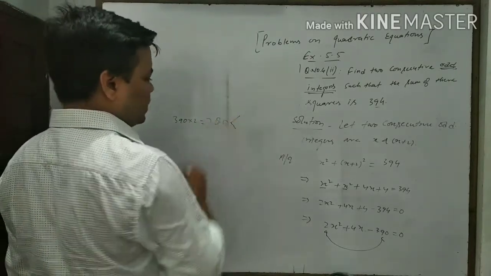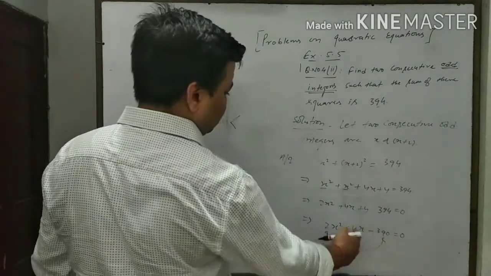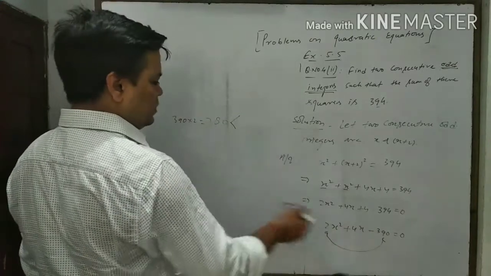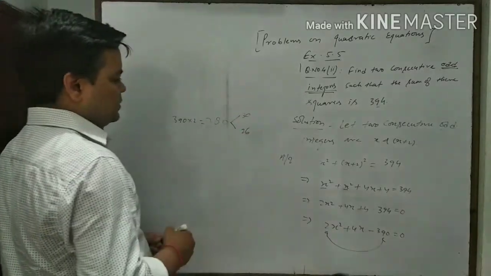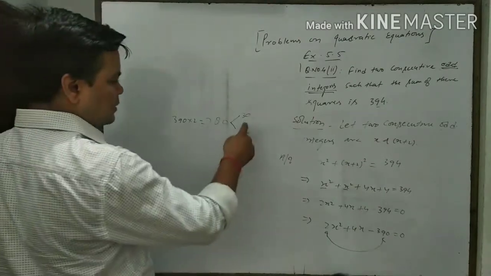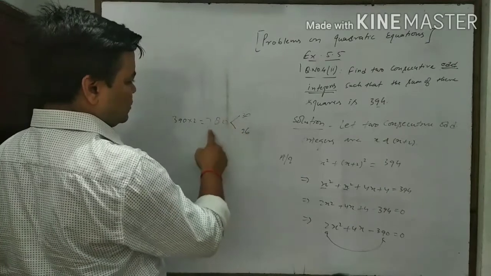Now break it into two parts such that their difference, because c is negative, should be 4. So I think it will be 30 and 26, because if you multiply them, it will be 780.